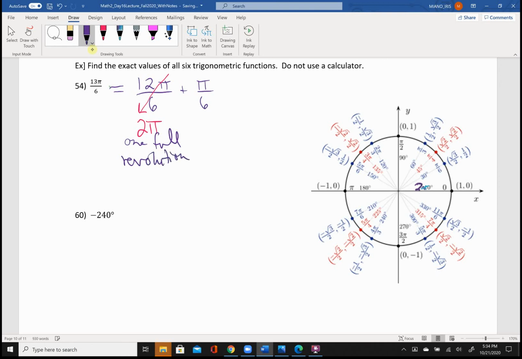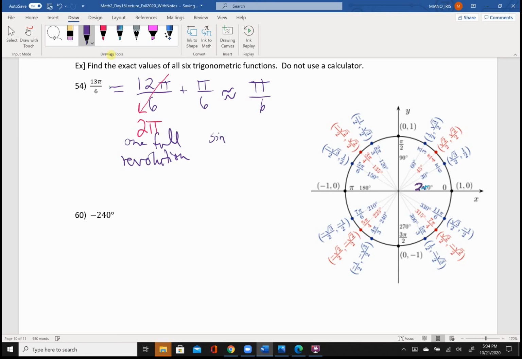So this is the same as starting again at the beginning position, and then you have this leftover bit waiting in the wings. So that means that this 13 pi over 6 is equivalent to just a pi over 6. So now let's talk about the 6 trigonometric functions.